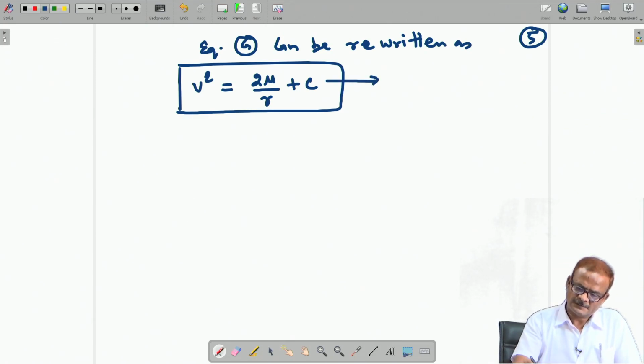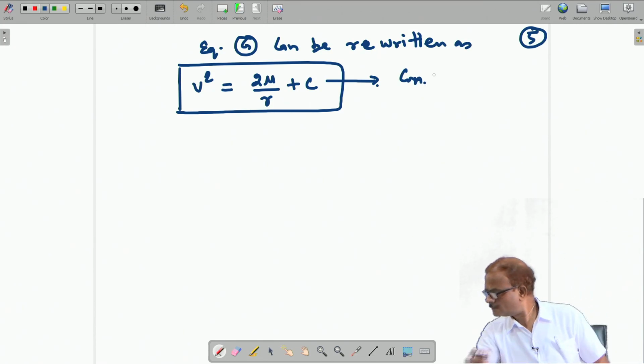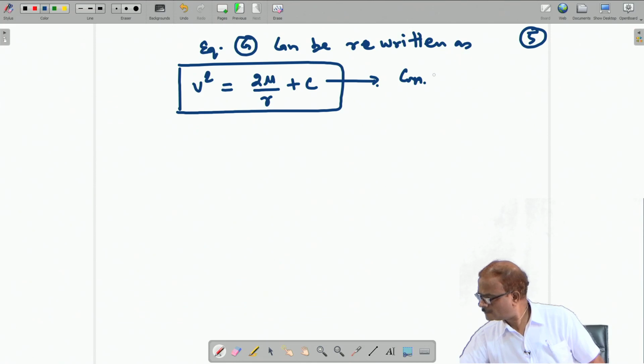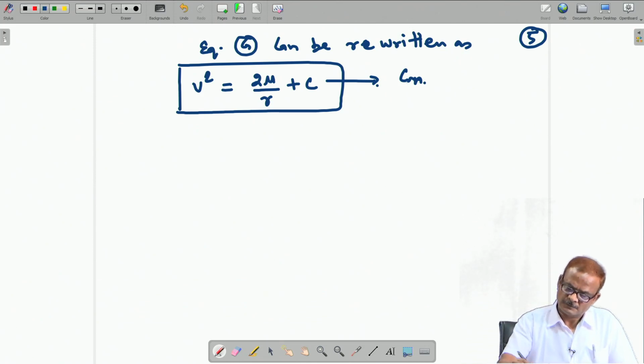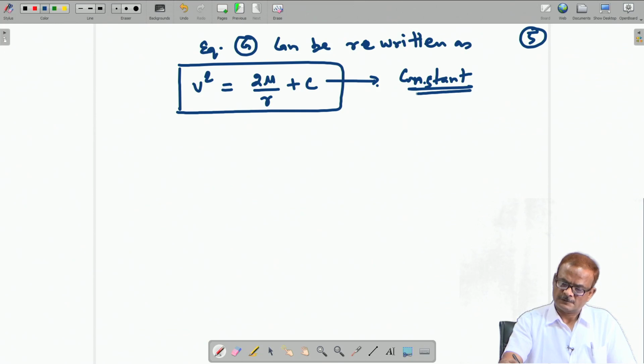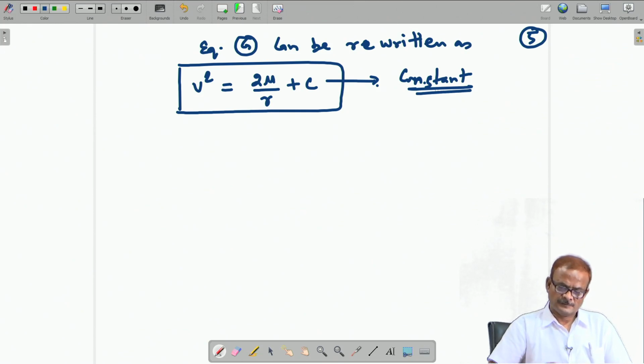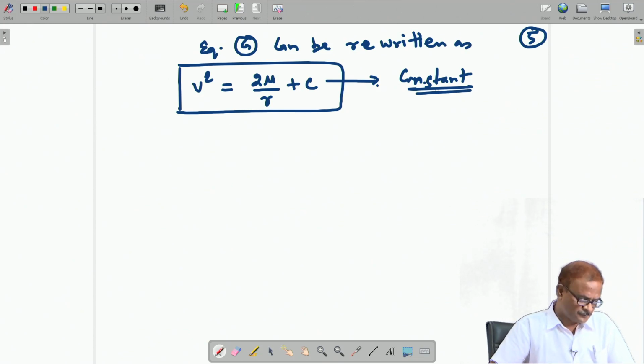And if the constant c is known, we will be able to work out the whole problem.